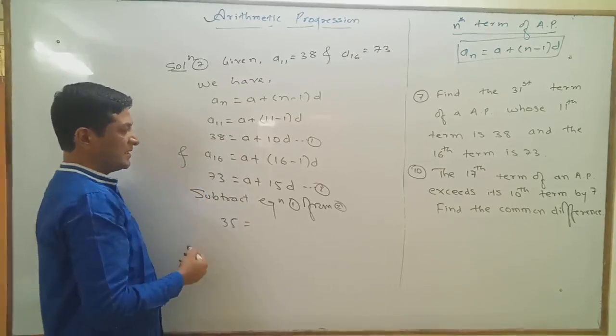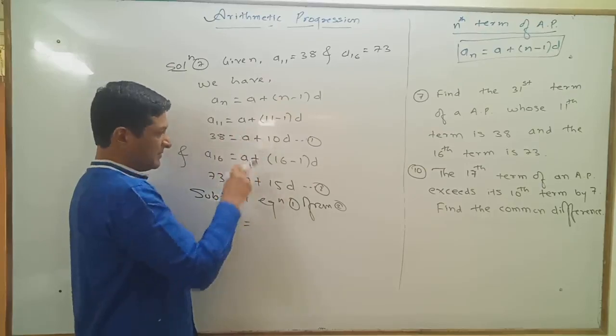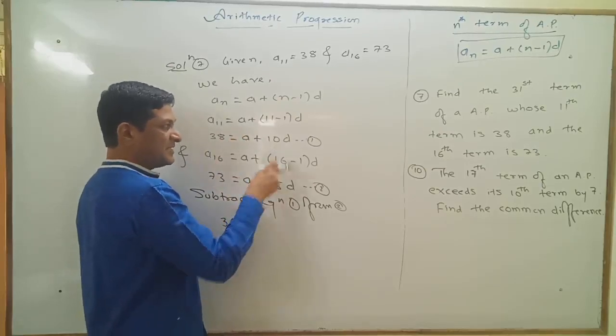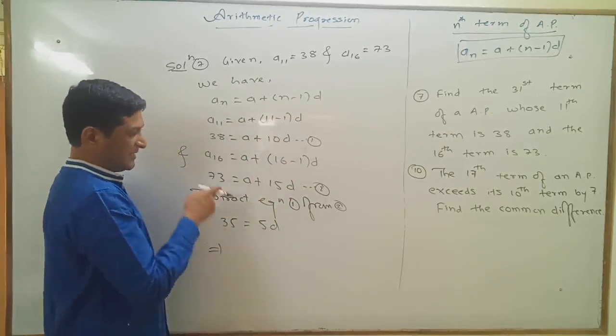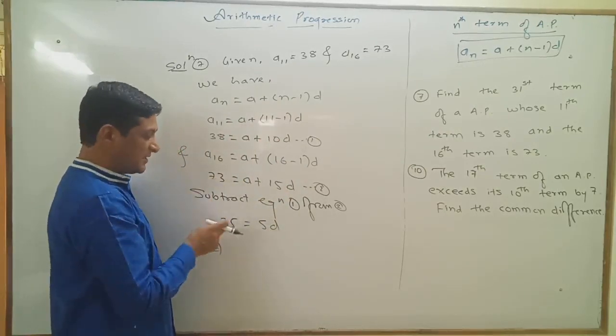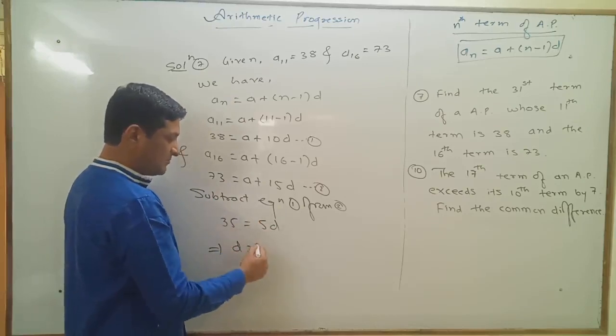On the right hand side, A minus A means A will get cancelled, and 15d minus 10d will be equal to 5d. So orally we have solved these two equations. This implies that d is equal to 35 divided by 5, which equals 7.